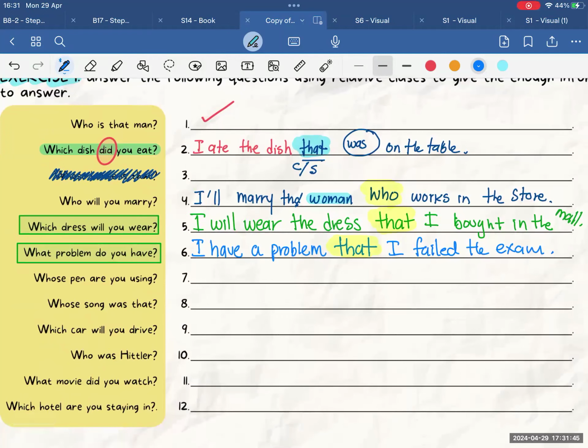Okay, whose pen are you using? ¿Cómo traducirían esta de aquí? Whose pen are you using? This one is very complicated. Remember that whose is possession? Right?